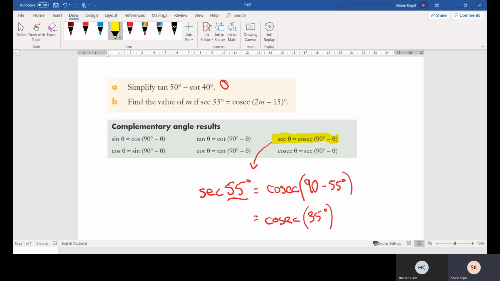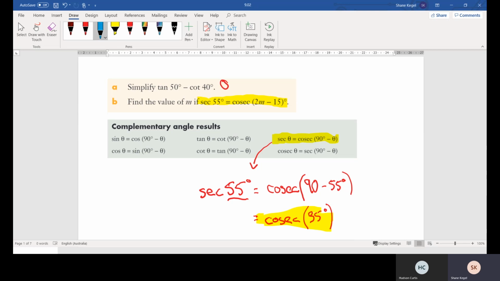Okay, so now I've got my value of sec 55 in cosec. I'm just going to plug them back into my original. I'm going to replace sec 55 with cosec 35, and then I can solve to find m.